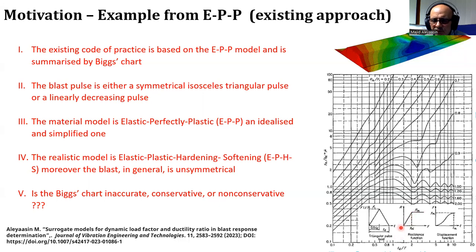So we have two stages for material behavior. The blast pulse is either a symmetric or isosceles triangular pulse or a linearly decreasing pulse. Any blast pulse has three stages: first rising overpressure, then falling overpressure, and after that the blast has ended.